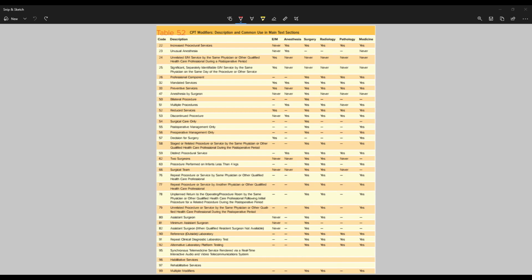Anesthesia codes, obviously, are applicable only to anesthesia. Surgery codes are for surgical procedures. Radiology codes are for radiology services. Pathology and laboratory codes typically apply only to tests that have to occur in a lab.